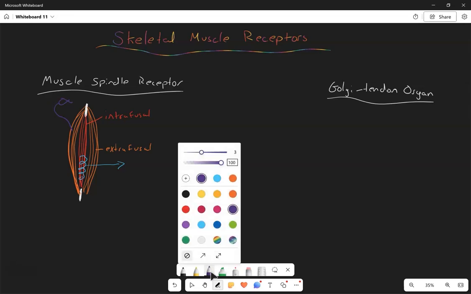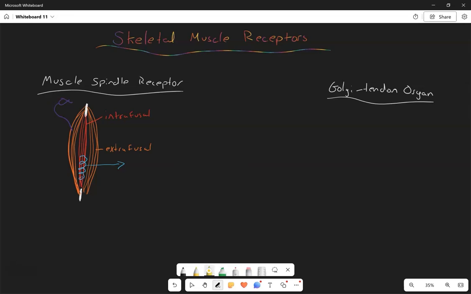Then there's a secondary type, which we'll draw in yellow. And they come down, right? And they innervate the intrafusal, right? And so these are what we call your gamma motor neurons, right? So you have alpha motor neurons, you have gamma motor neurons.